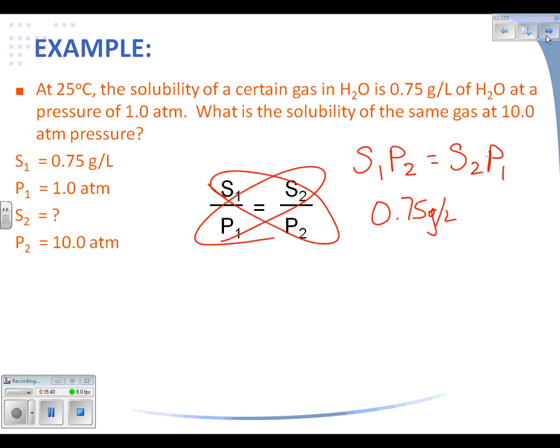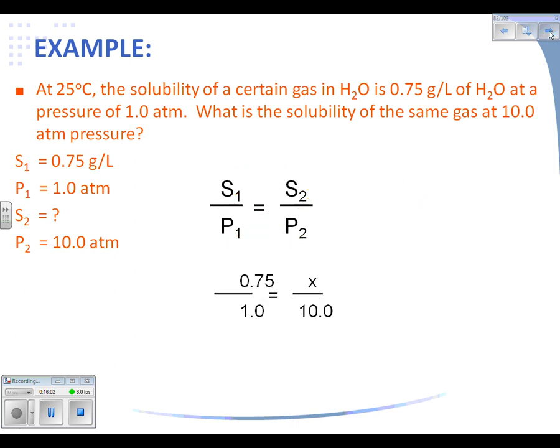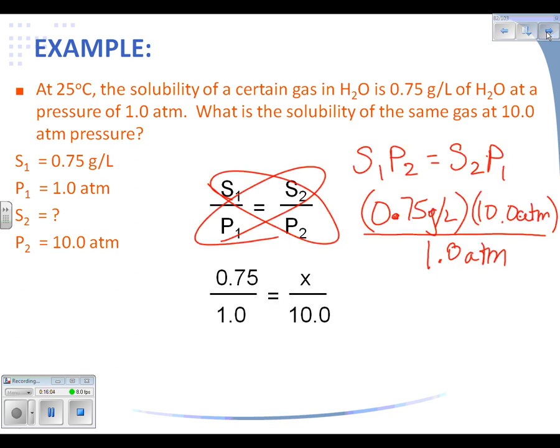I'm then going to multiply by my pressure 2, which is my 10 atmospheres. And then I'm going to divide, because the opposite of multiplication is division, with my P1, which is 1 atmosphere. And that would have me solve for my S2. Okay, so cross multiply, then divide, which is the same thing that I have shown over to the side.